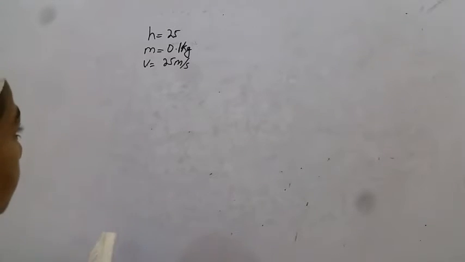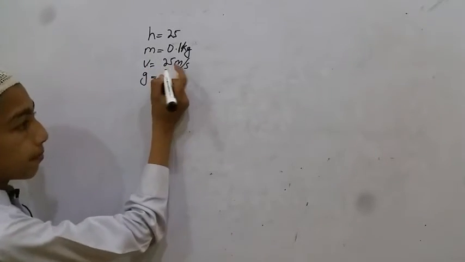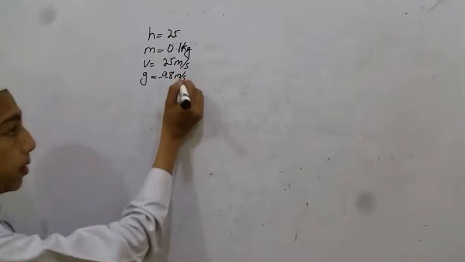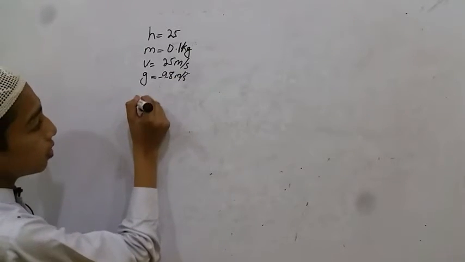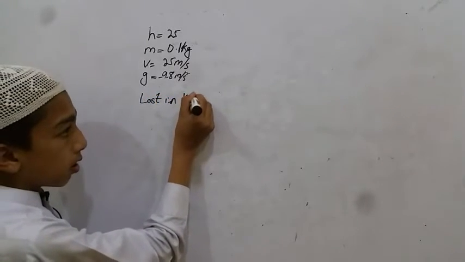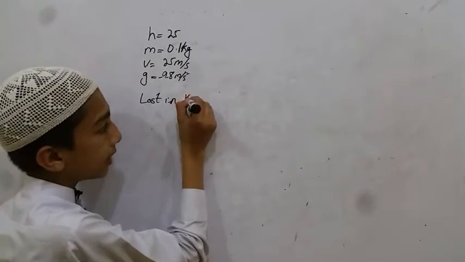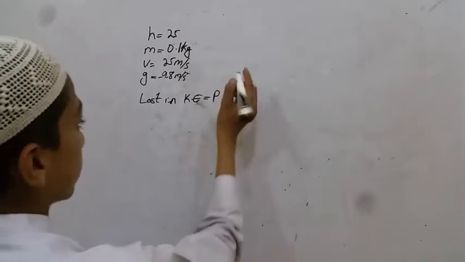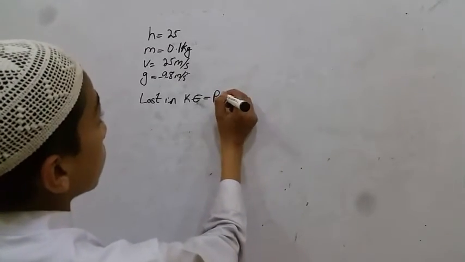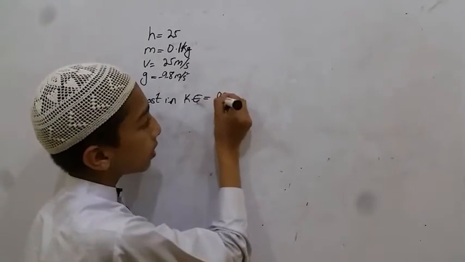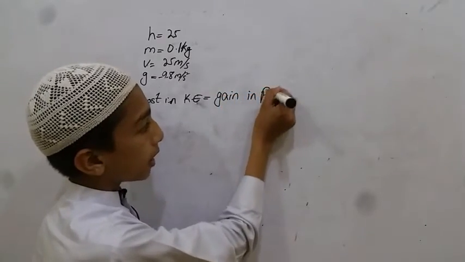Now calculate the work done. Here g is 9.8 meter per second square. If no energy is lost, then loss in kinetic energy, if there is no air resistance, is equal to gain in potential energy.